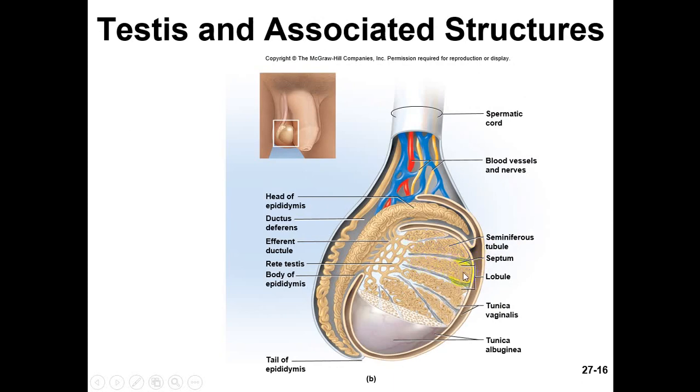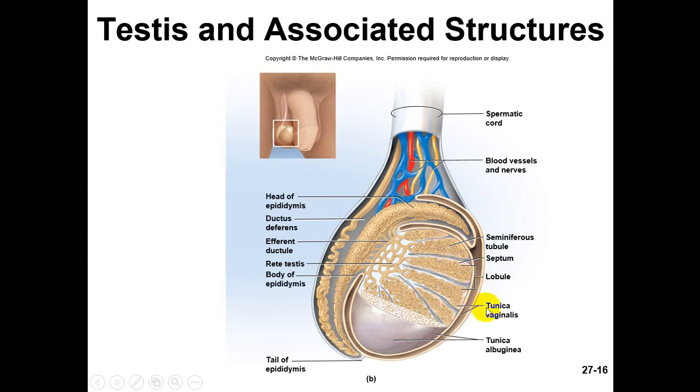This one contains about 3 lobules, this one contains 2 seminiferous lobules, this one contains 2, this one contains 3. So you can see the tubules have been folded. It's a tube in which sperms are produced.